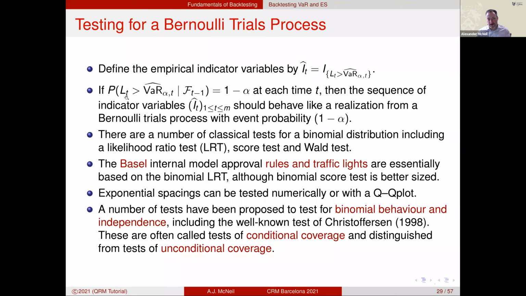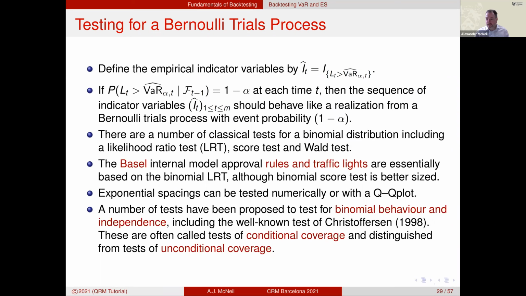We would like, ideally, that the probability that our estimate is exceeded, given all the information, is 1 minus alpha. And if that is true, then the sequence of indicator variables would be a Bernoulli trials process with probability 1 minus alpha. So basically, we form the empirical process of indicators, and we test whether that empirical process behaves like a Bernoulli trials process with probability 1 minus alpha.